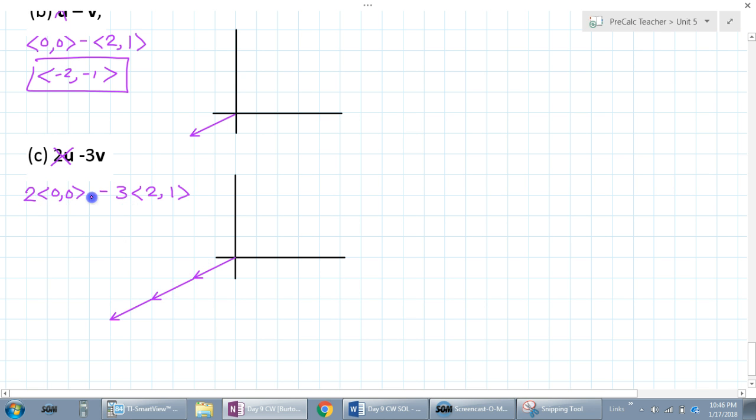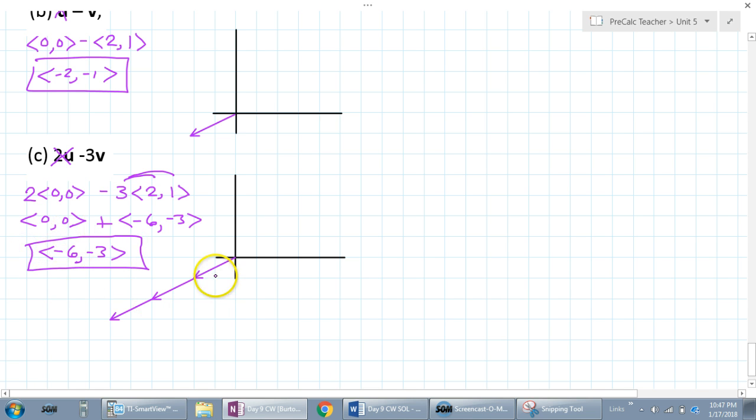So, if I were to do this algebraically, 2 times 0 is 0. If I multiply this vector by negative 3, that's going to give me negative 6, comma, negative 3. 0 plus anything, you can really just ignore the 0 and just keep the other vector, so negative 6, comma, negative 3.